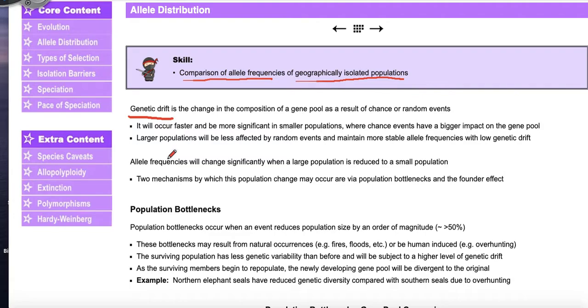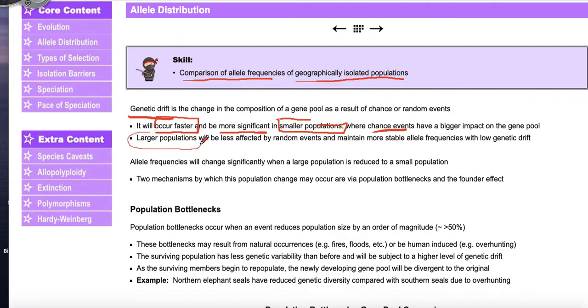So one thing to keep in mind when looking at genetic drift, genetic drift is going to occur faster and is going to be more significant in smaller populations, right? That's because these chance events are going to have a bigger impact on the gene pool.